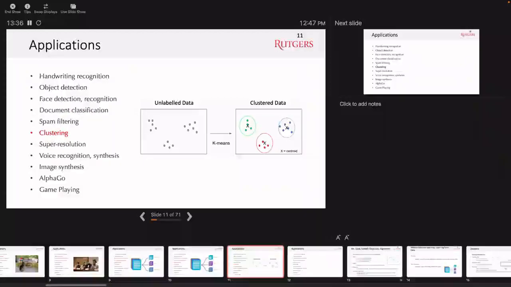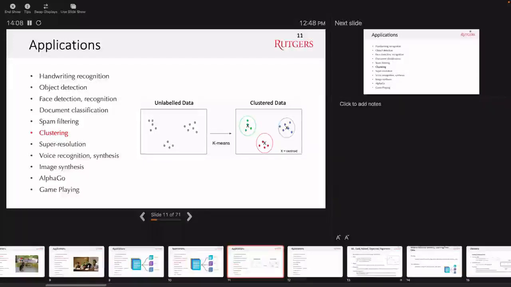And also clustering. All right, clustering is one of the most commonly used unsupervised learning methods. You're given a bunch of unlabeled data, and the goal is to automatically split all this data into different clusters. So imagine that your boss is giving you, for example, millions of data points, but you don't have the time to explore all of them.